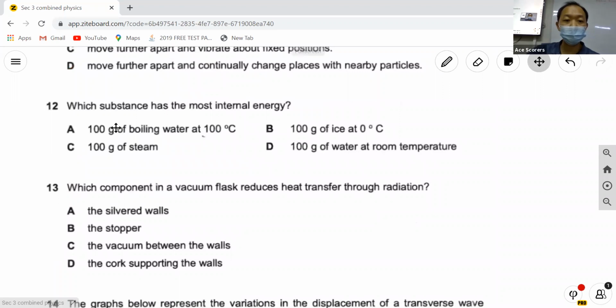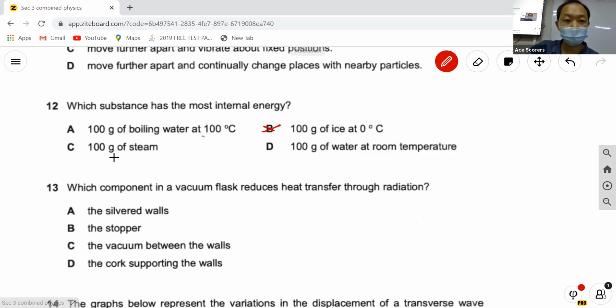Which substance has the most internal energy? Okay, this is under heat capacity. The answer for this is the combination of total kinetic energy and potential energy. 100 gram of boiling water, 100 gram of ice. Okay, cannot be this.